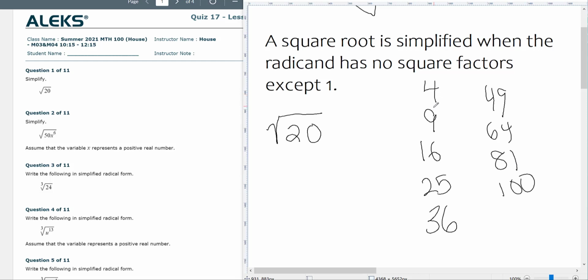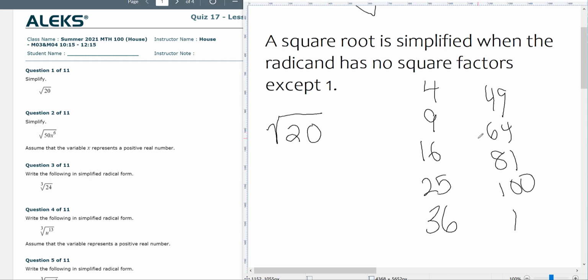That's 2 to the second, 3 to the second, 4 to the second, 5 to the second, 6 to the second, 7 to the second, 8 to the second, 9 to the second, and 10 to the second. And of course, 1 to the second is a perfect square, but it says other than 1. So we don't care that much about 1. It won't do us any good.